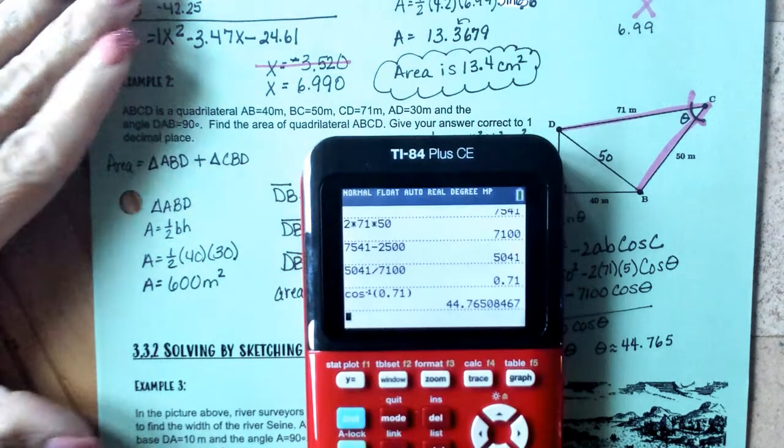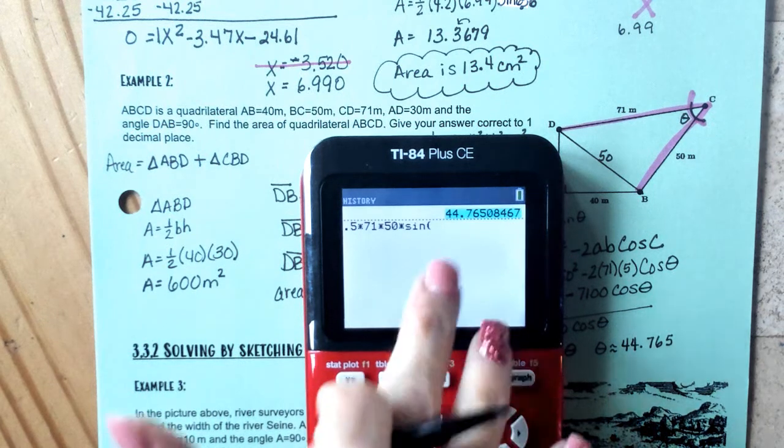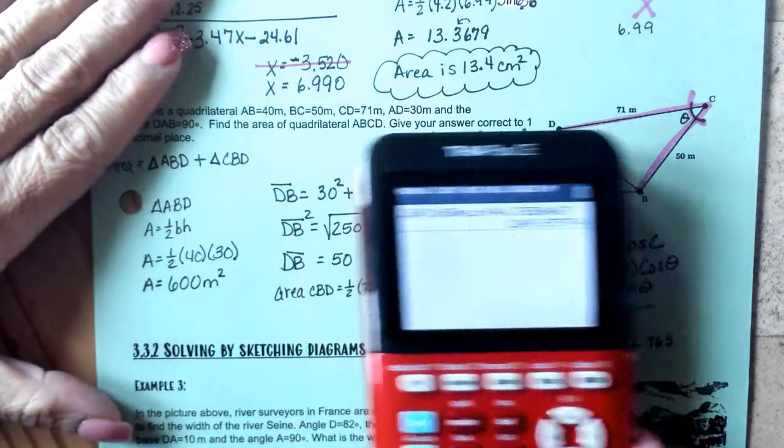All right, so here we go. Clear that out. 0.5 times 71 times 50 times, and I'm just going to go back up and say sine, and I'm going to move up here. That's that angle I just found, just so I have all the numbers in there, a little more accurate. Probably won't change it much since we're going to round.